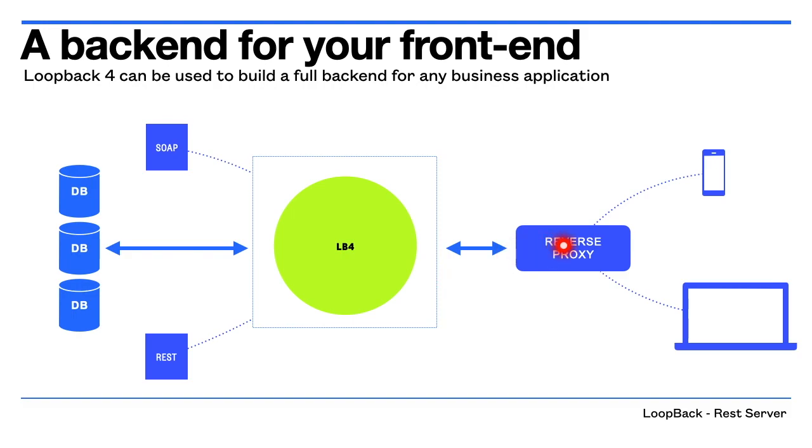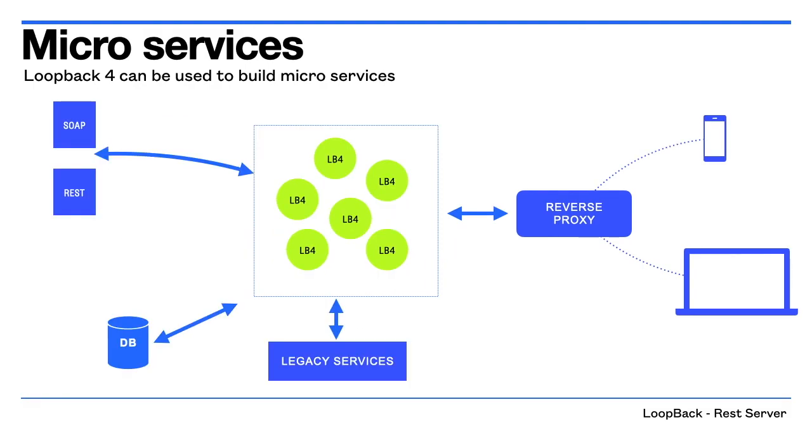And through a reverse proxy, you can expose the endpoints of the REST API inside LoopBack 4 to mobile and to web applications. So you can really expose any functionality, and internally you can also place your business code in TypeScript.